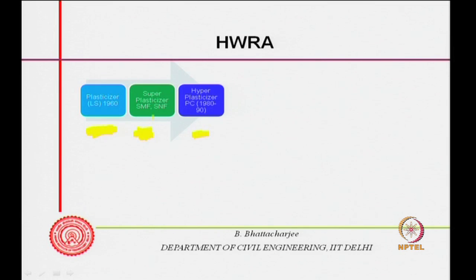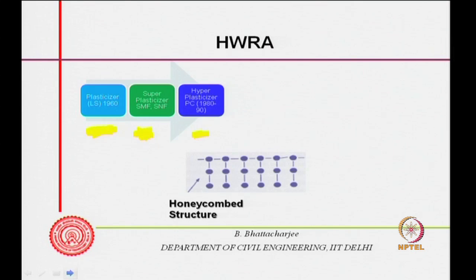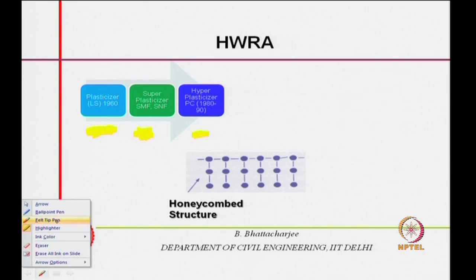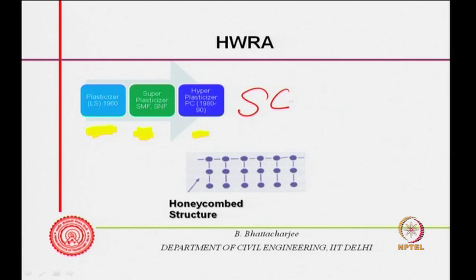Some modification through polymer modification happened in between, and all this led to our honeycomb structure that could be obtained from this polycarboxylate ether type, and this is what led to SCC. This arrow shows this led to SCC.